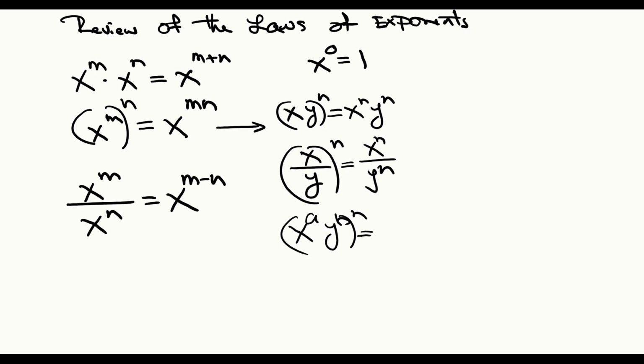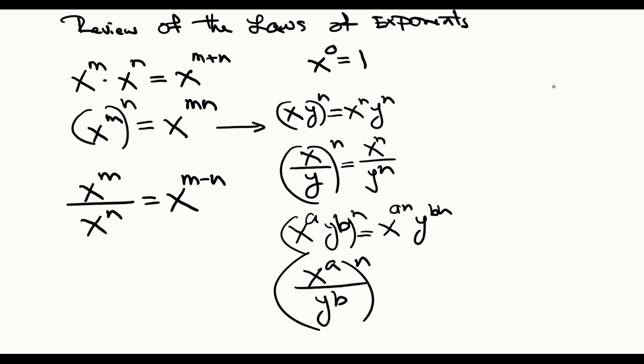Well, you apply the power rule twice. So you're going to get x to the a n, y to the b n, and the same thing here. If you have x to the a over y to the b, the whole thing raised to the power of n, you're going to get x to the a n over y to the b n.